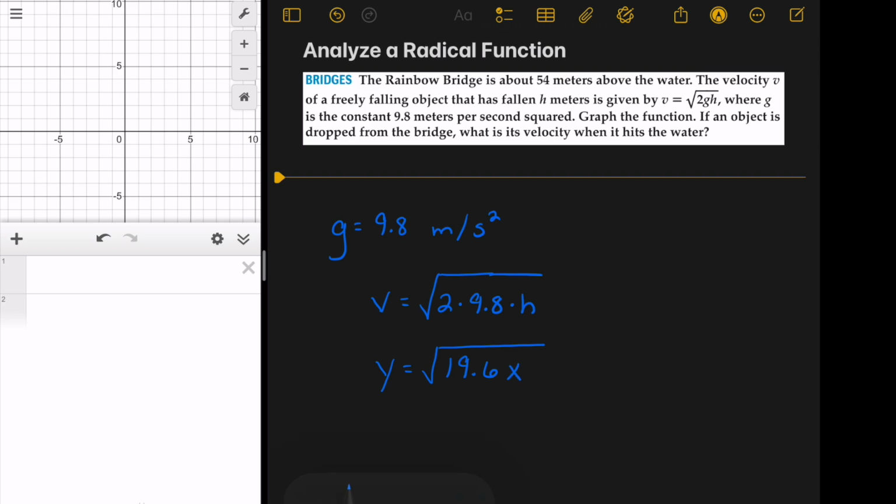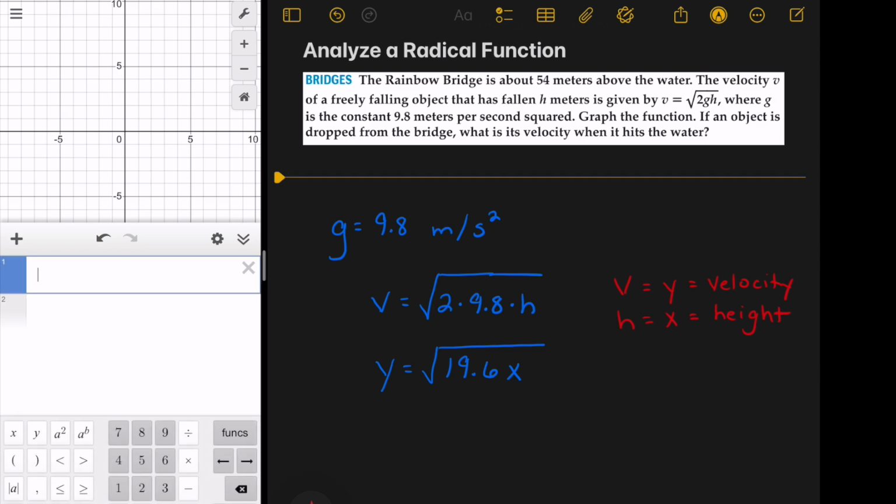So even though I'm switching the variables, y is still going to be velocity, and x is still going to be height in meters. Even though I changed the variables for purposes of graphing, they still mean velocity and height. So now I'm going to use Desmos to graph this.